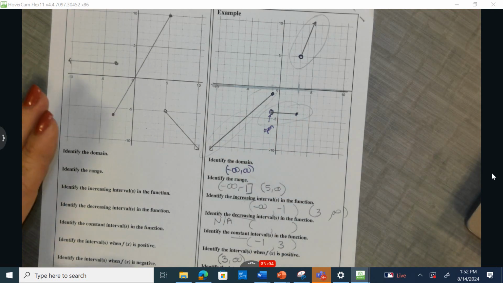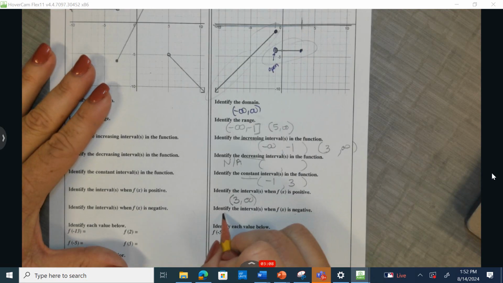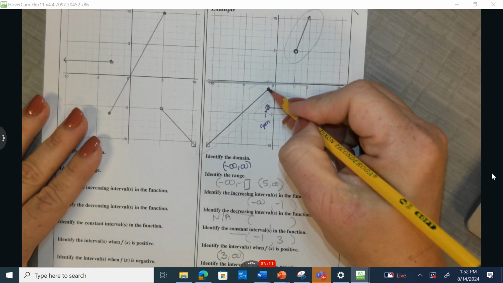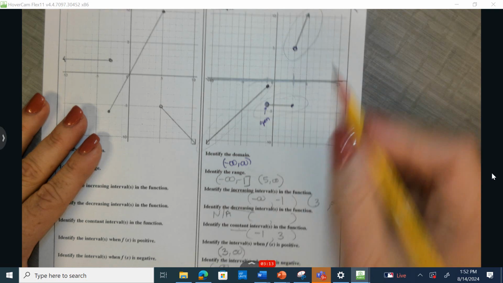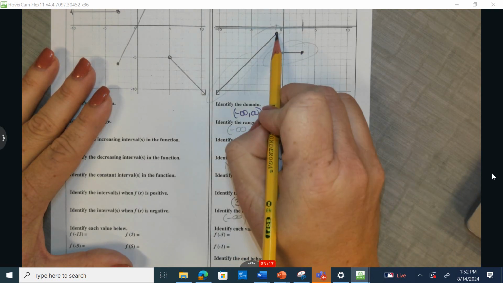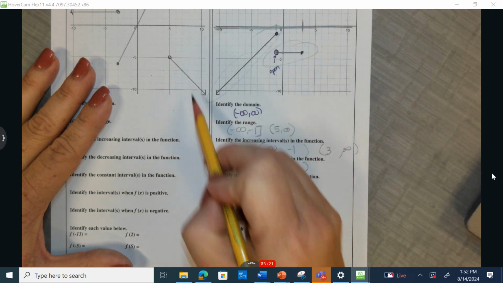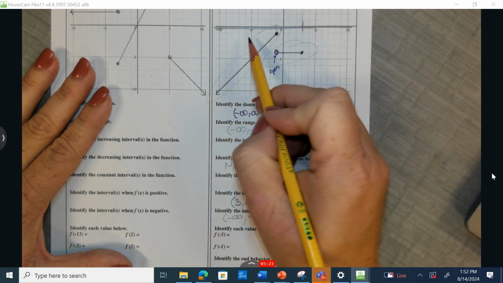It doesn't matter which one you describe first. Let's start with this one. It comes from the far left, and it's negative all the way up to an x value of -1. Now at -1, I am going to put a bracket because see how this is a closed dot? So I need to include it as part of the y values that are negative on the graph.